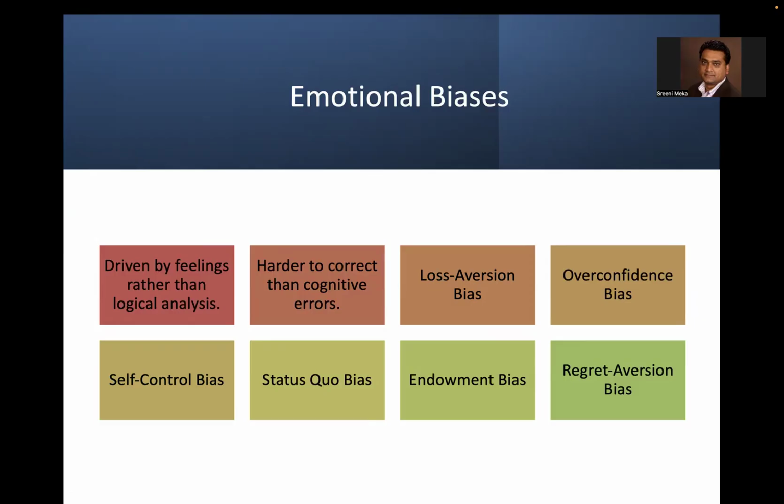Emotional biases are loss aversion, overconfidence, self-control bias, status quo bias, endowment bias, and regret aversion bias. Loss aversion bias is that we cling to the losers more than the winners. Let's say you bought a stock for $100, and it dropped 50%. The first thing people say in my business is, oh, I'll sell it once it recovers.